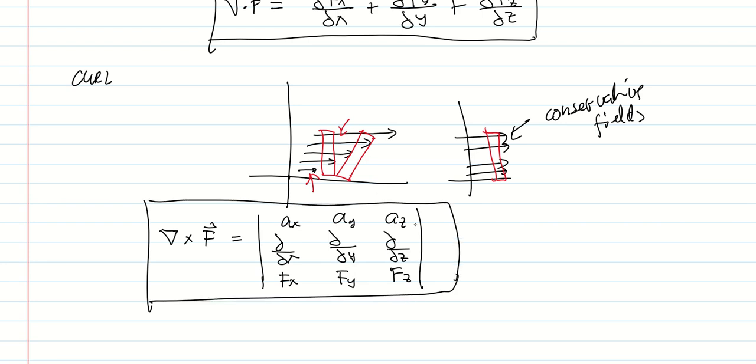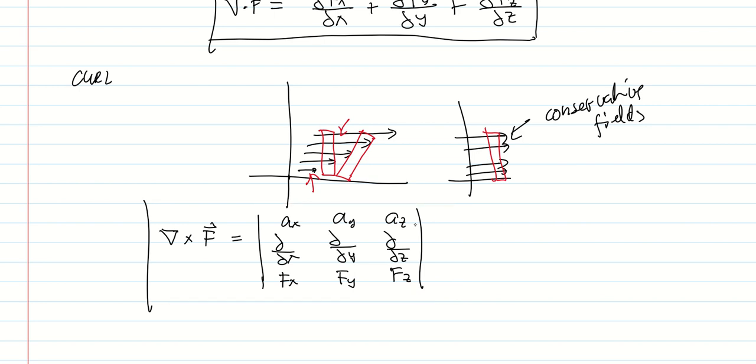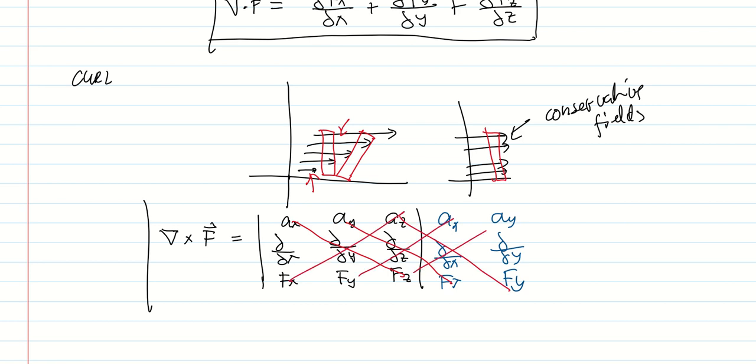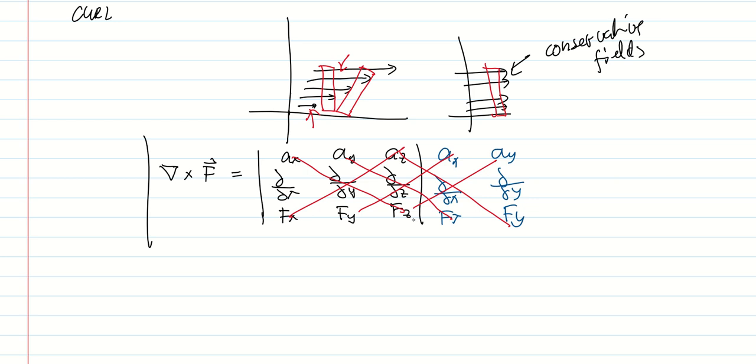We can actually evaluate this. Let's try to evaluate. Let's just simplify this. These are positives, these are the negatives. Then we can multiply them.